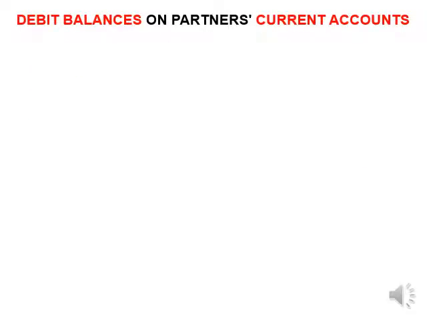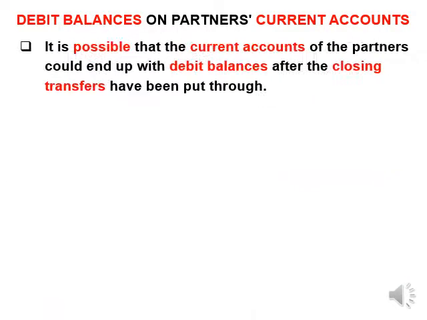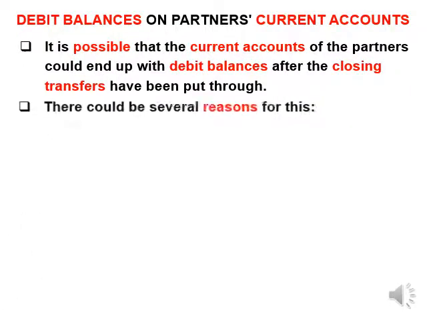Then it's also possible for the partners' current accounts to have a debit balance, after all the closing transfers have taken place. What are the closing transfers? It is when we have split the profit in the appropriation account and transferred it, together with the adjustments where we have debited the salary accounts and credited the current accounts.